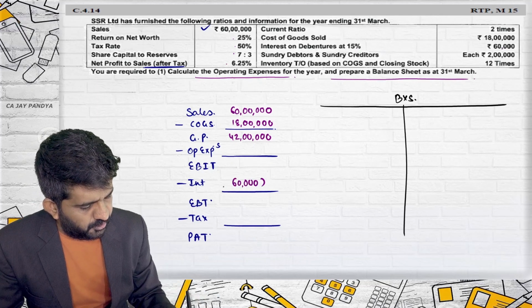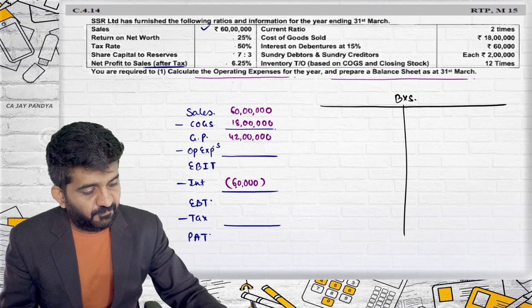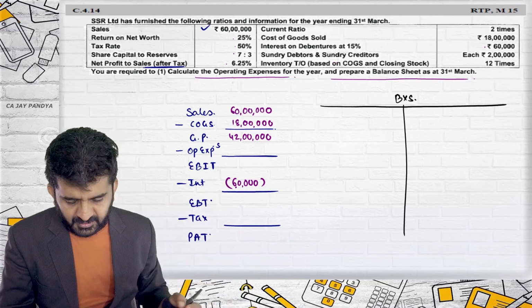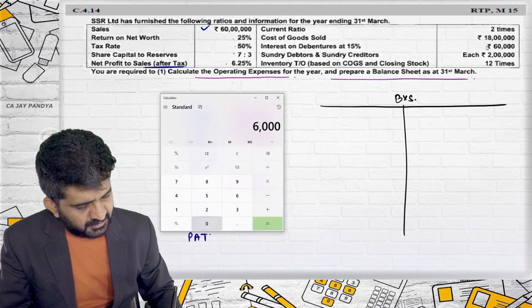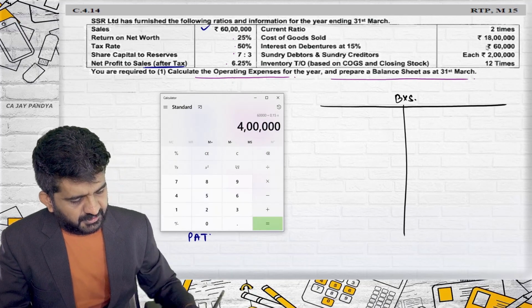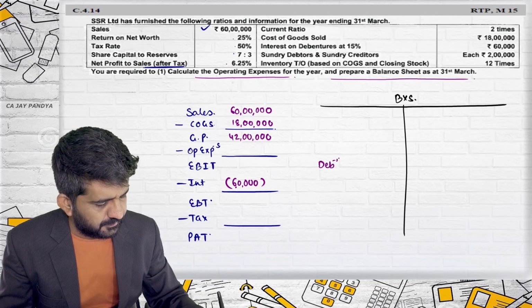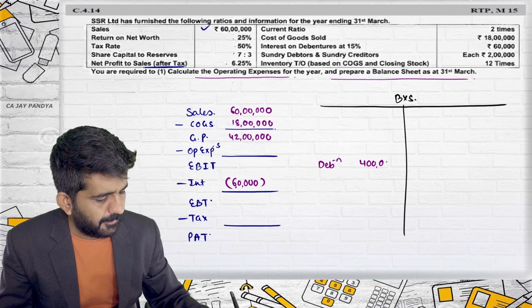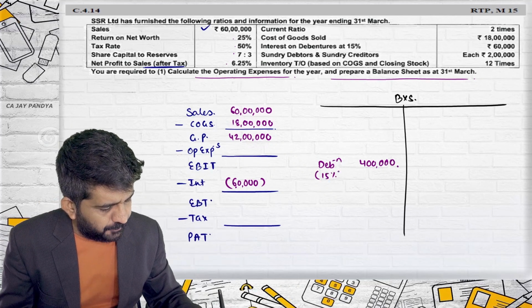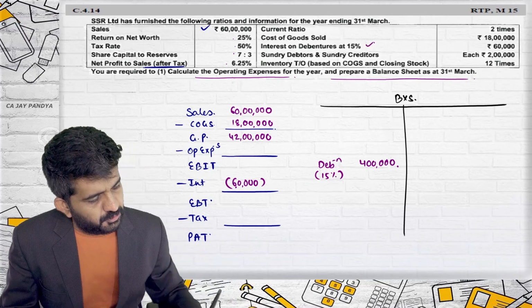So at 15%, if the interest is 60,000, then 60,000 divided by 15%, that is 4 lakhs, will be nothing but debentures. Agreed? Because 4 lakh into 15% will become 60,000.